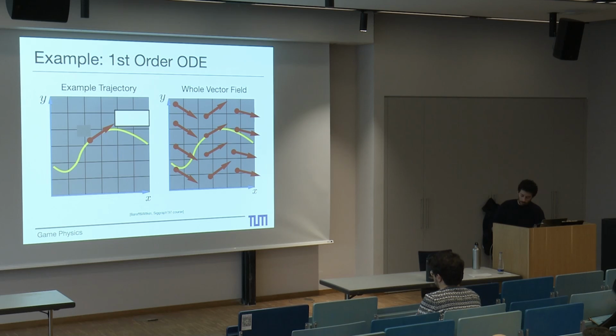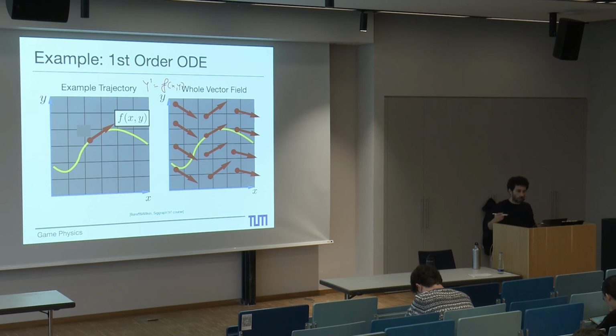In these cases, what we see is that our velocity field, y prime, is defined as a function of the position and time. So if we are following a trajectory, the yellow one in this case, then we can compute at every point what the velocity is by evaluating the function f.